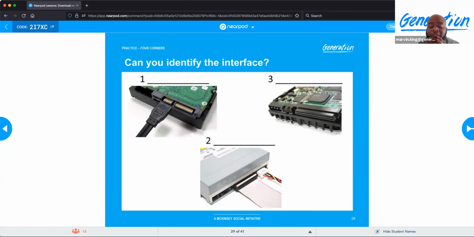The one next to it is still a SATA cable, but it's SATA power. Coming off of the power supply, there's a SATA power cable, whereas what you see right there is data cable, SATA data. I just wanted y'all to know that.